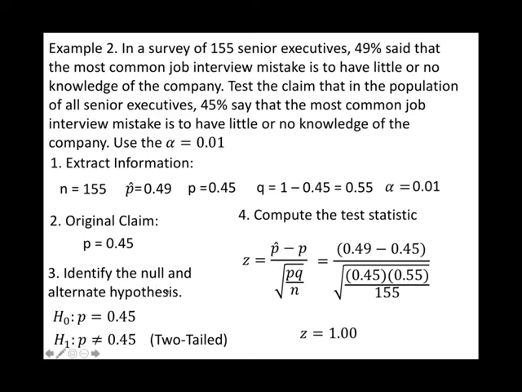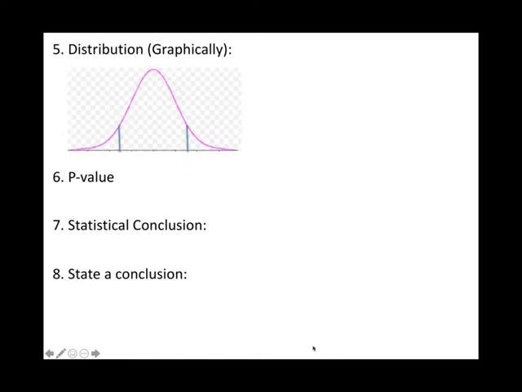Okay, number 5, we're going to do the distribution. We do have a two-tail and that's a z-distribution. So we have a normal distribution and the test statistic z equal to 1 is going to be here. Okay, so we're going to figure out the area of the right tail.